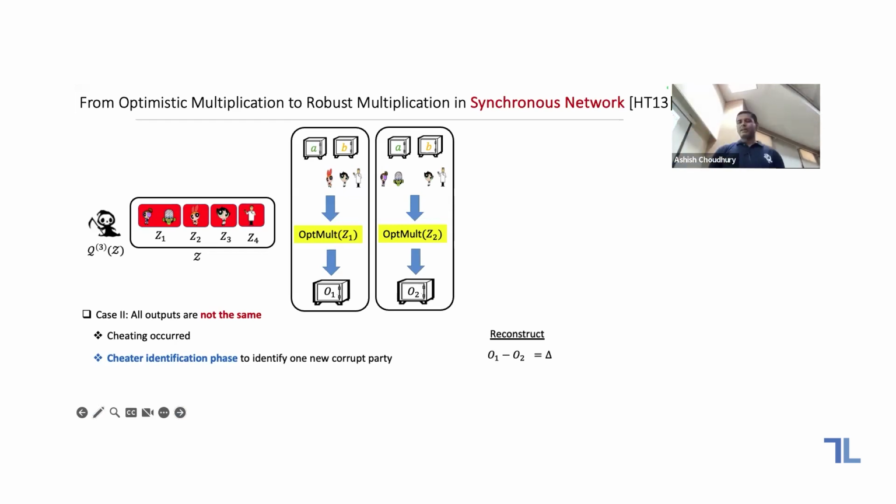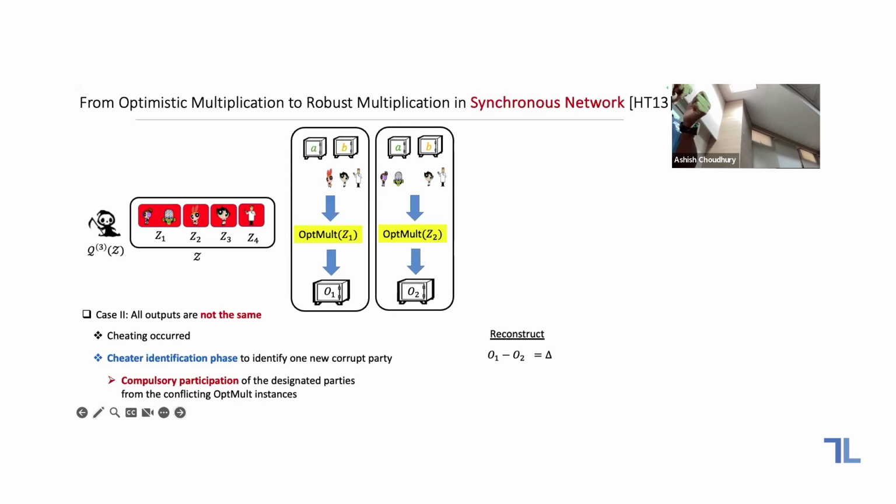You can now run a cheater identification phase, where the idea is that you open everything which has been secret shared in these two instances, each of the cross terms, each of the summations ai times bj, and then you will be able to identify which party has cheated. Through that process you will be able to cross-list one bad party, and then you rerun this whole process.